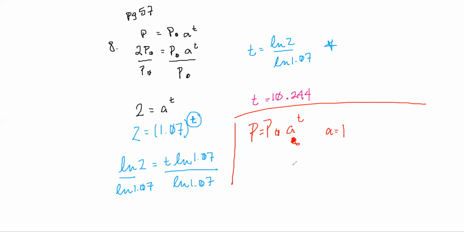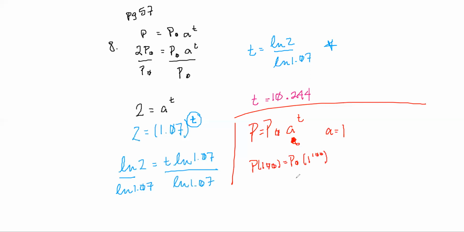If we had a very, very large t, if say t was 100, then this equation would look like p of 100 is equal to p naught times 1 to the 100. 1 to the 100 is just 1. 1 to the anything is 1.